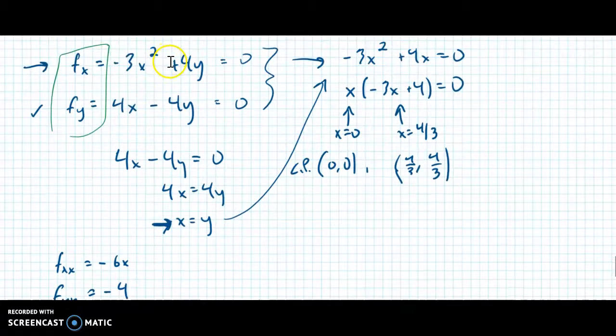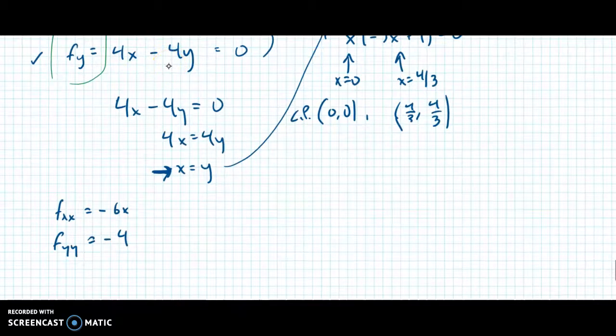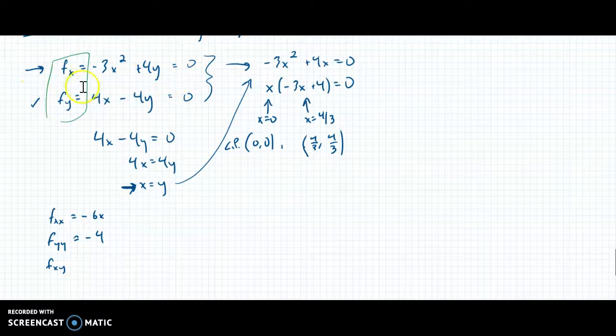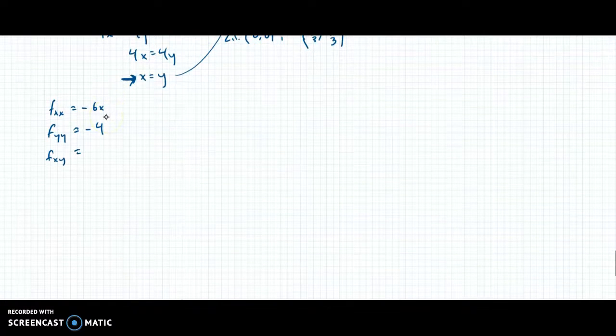And then for f sub xy, I can take either one of these two up here and derive them with respect to the opposite variable. I already have an x, so let me derive this with respect to y. We get 4. And I can check it down here too. Let me derive this with respect to x. That goes away, and I get a 4 as well.